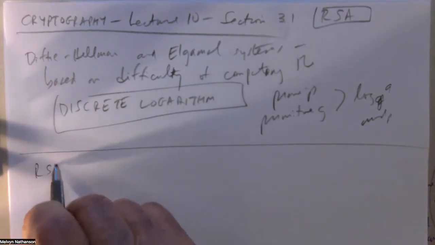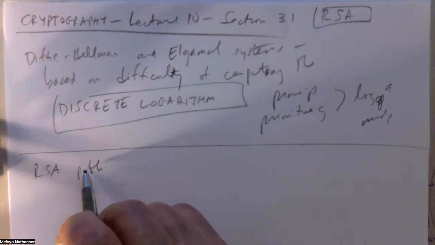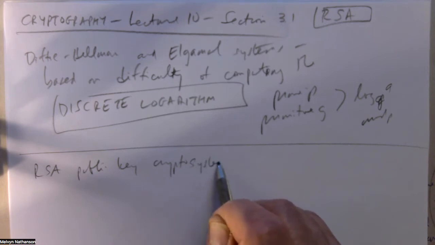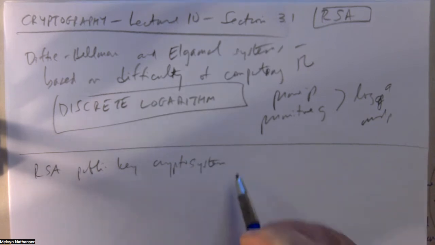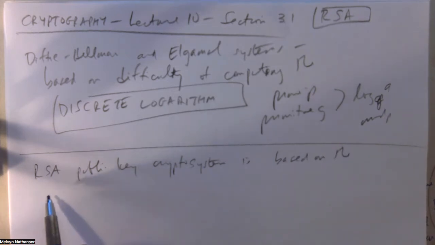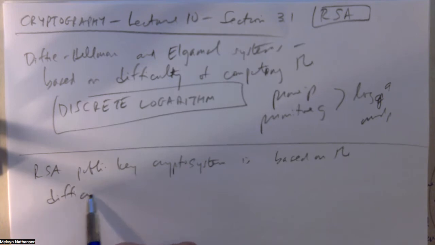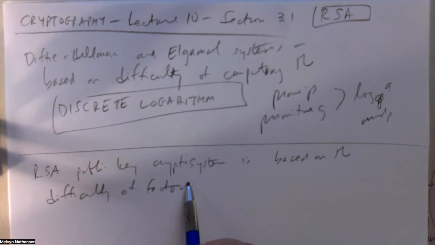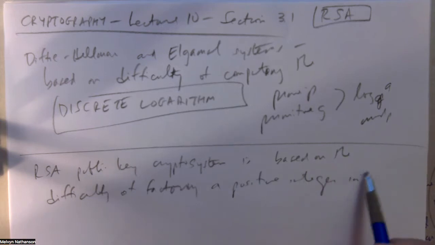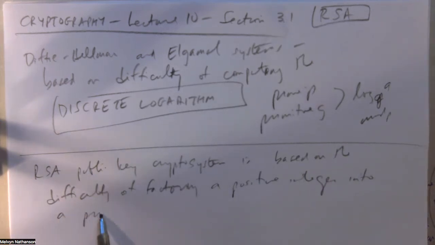The RSA public key crypto system is based on something different. It's based on the difficulty of factoring a positive integer into a product of prime numbers.